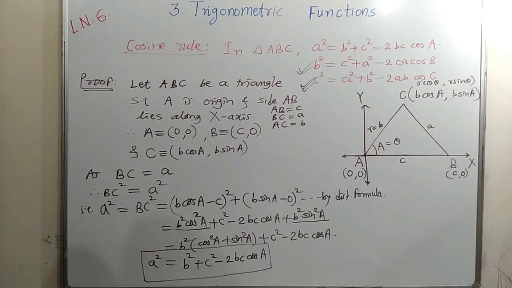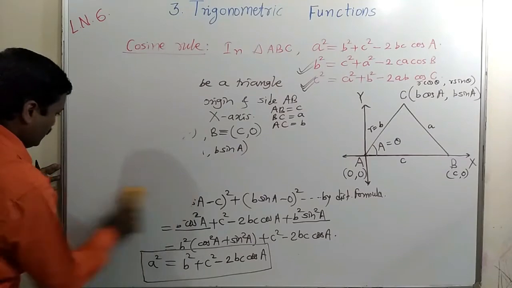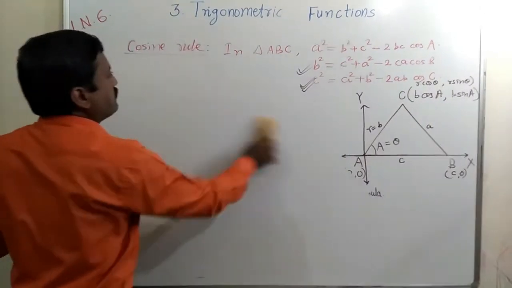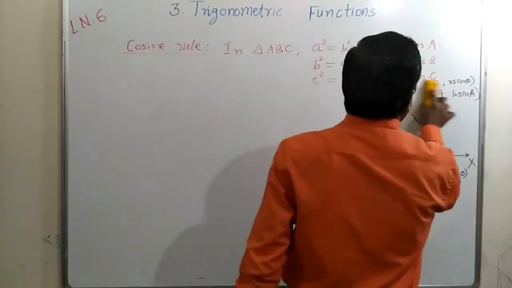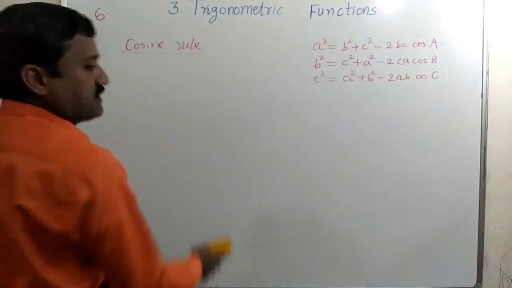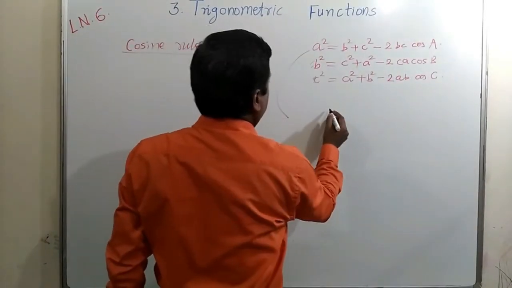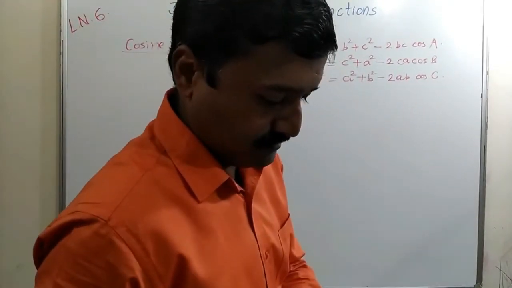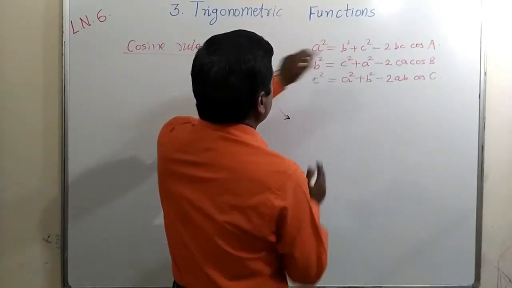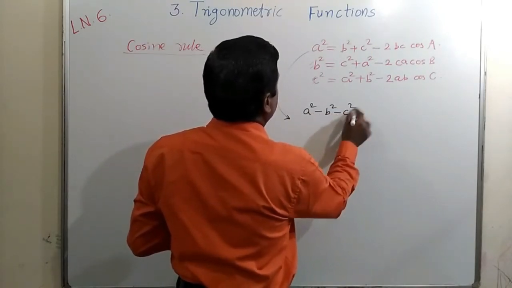Is it clear? Now, let us see the different form of the cosine rule. That is also important to remember, or we can use it while solving examples. The same results can be written as, from the first result: A square minus B square minus C square.